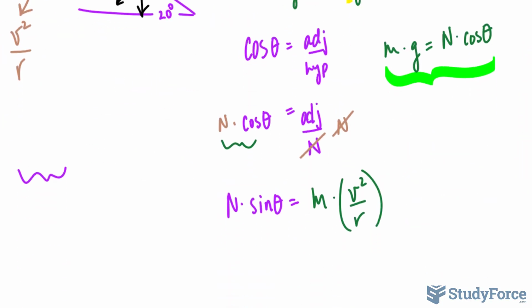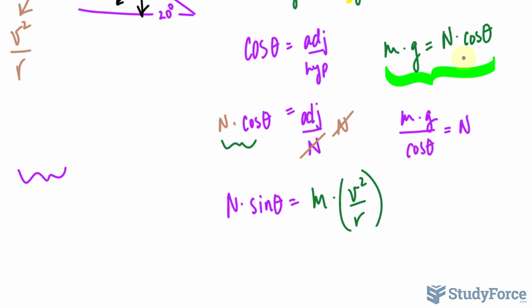To solve for v, we need to use some mathematical skills, one of which is substitution. I'll solve for n in this equation and then substitute whatever that is into here. Solving for n, I have m times g over cosine theta.